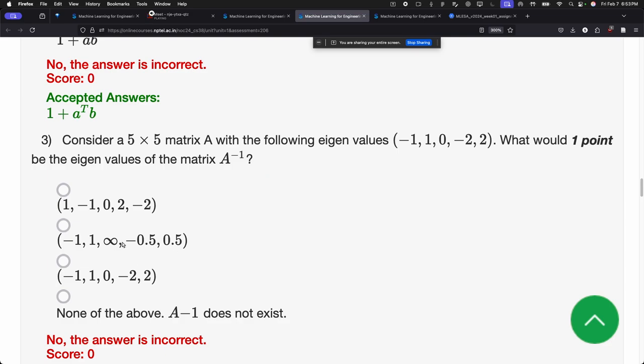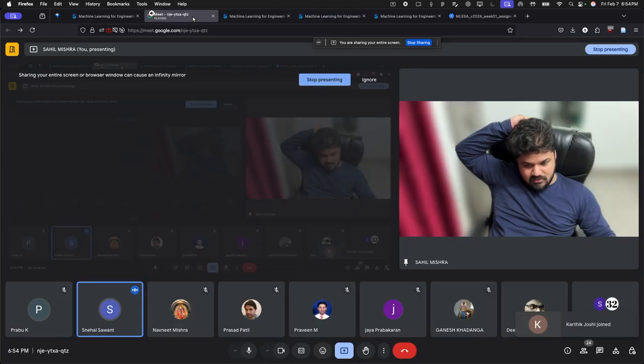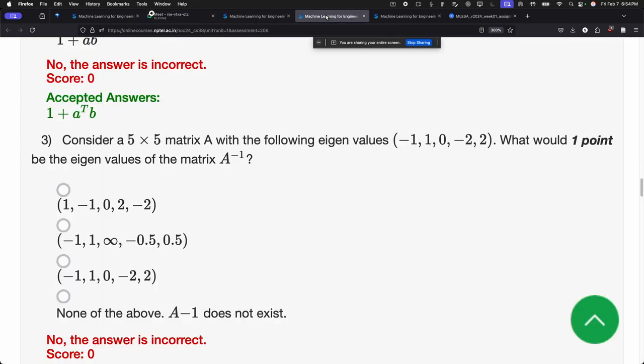A, B, C, D, what? No, no, no. Option number B is incorrect. If you are just inverting it, then it's not correct. These are eigenvalues. Where is it written the determinant will be 0?